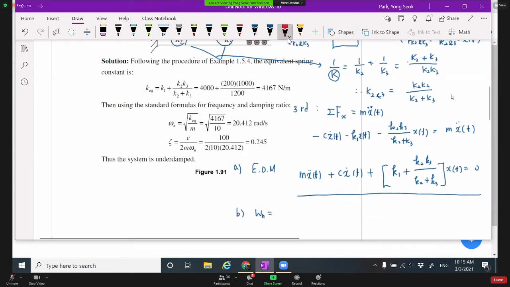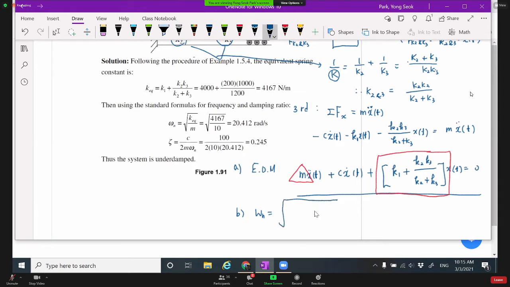It's going to be K over M. So this is the M position. Where is the K position? This is the K position, right? Am I right or wrong? You're right. So omega n is the square root of K over M, right?